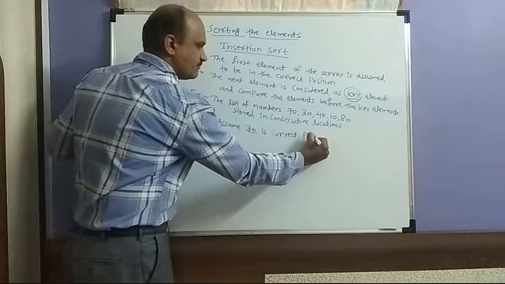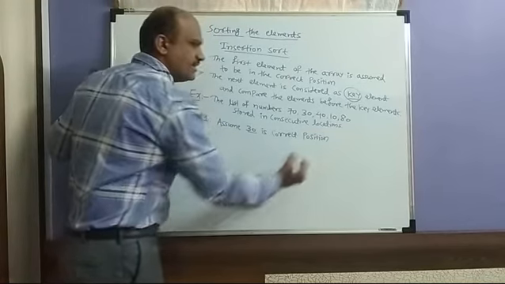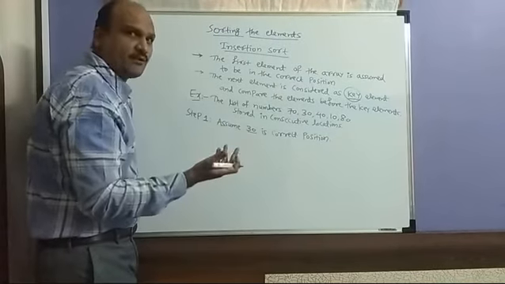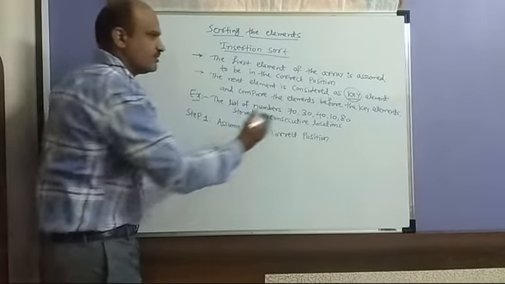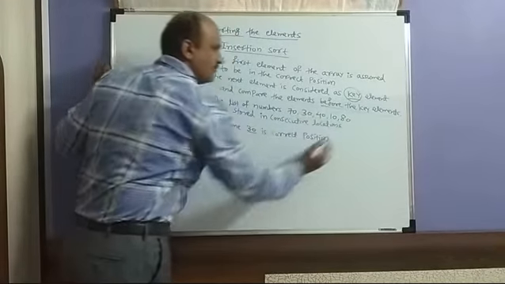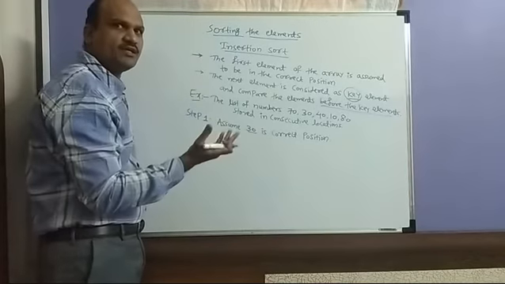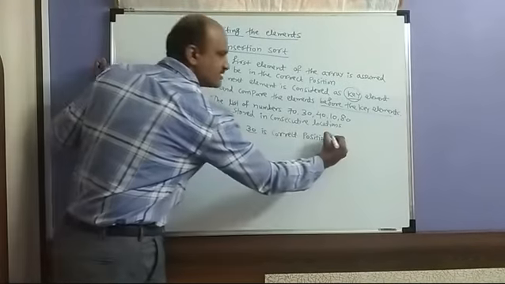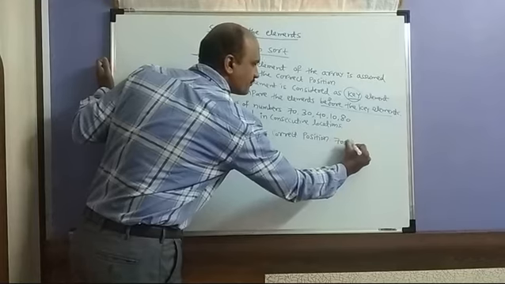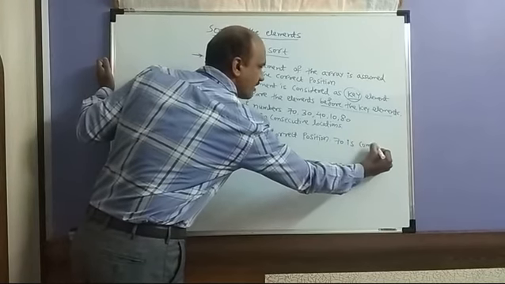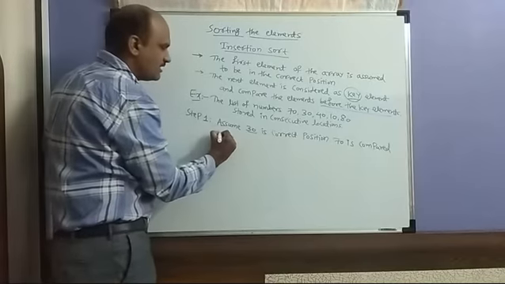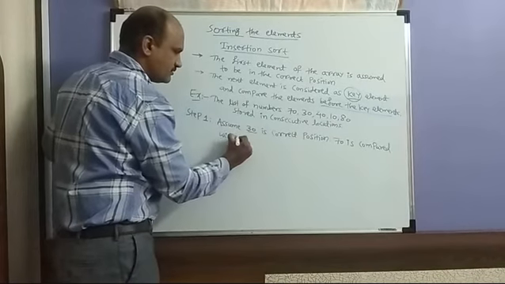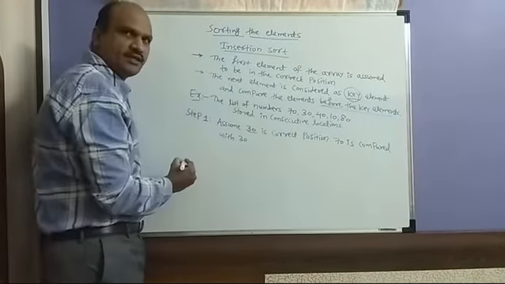Then 70, as I told you, is before the key element, so 70 is compared with the 30 only.